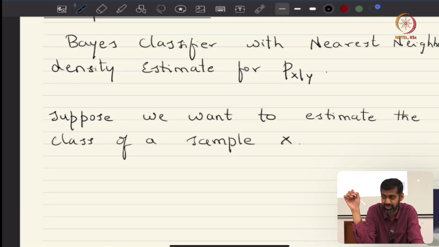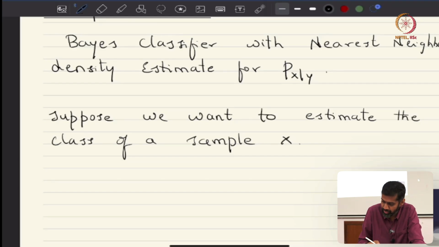And how does the Bayes classifier do this? The analysis that we do right now is sort of connecting all the dots that we have seen so far. So we are constructing a Bayes classifier and we want to get the class of a point X. For that we need to get the posterior of Y given X, this particular X.